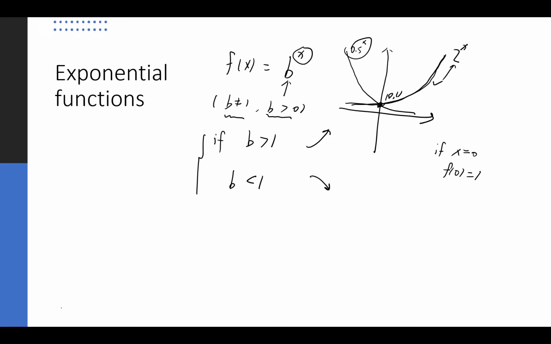The other thing is that, for example, for an increasing function, if x goes to the left, to negative infinity, then this line will approach the horizontal asymptote, which is x equals 0. Sorry, my apologies, it should be y equals 0. So y equals 0 is the horizontal asymptote, which is also the asymptote for the second case. In that case, if x goes to infinity, this line will approach the x-axis.